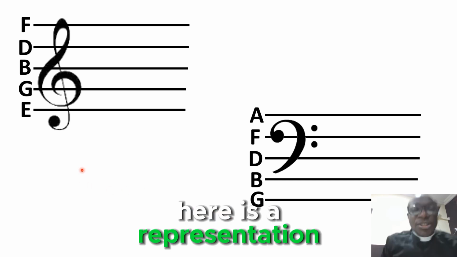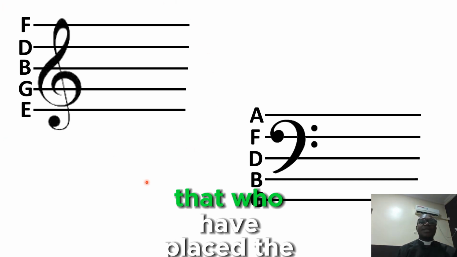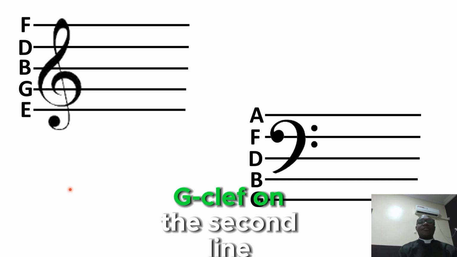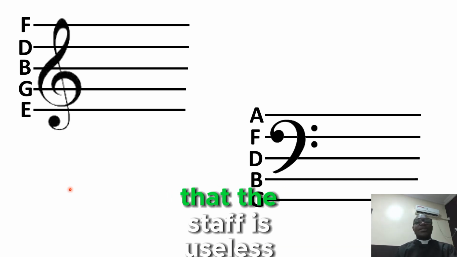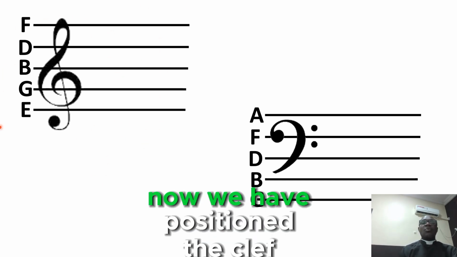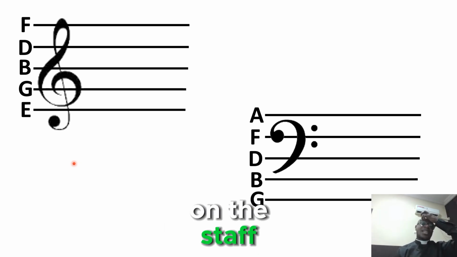Here is a representation. You can notice on this side of the screen that we have placed the G-clef on the second line. Now, I told you earlier that the staff is useless without the identifier called the clef. Now, we have positioned the clef on the staff.